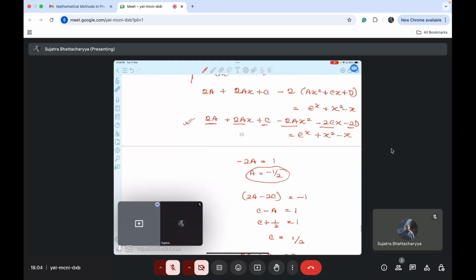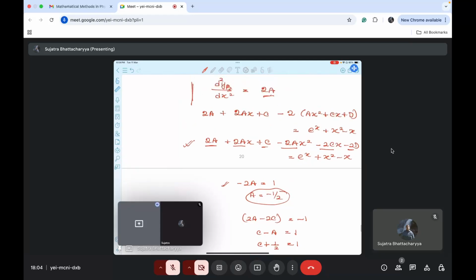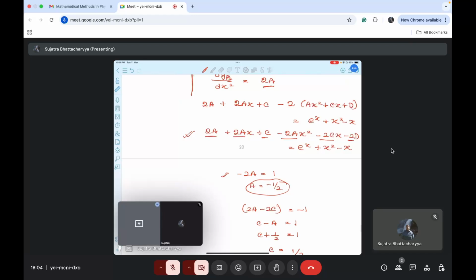The first one is fine, that is minus 2a is equal to 1, that is, a is equal to minus half. And the next one is 2a, this one, and the next one is your minus 2c.